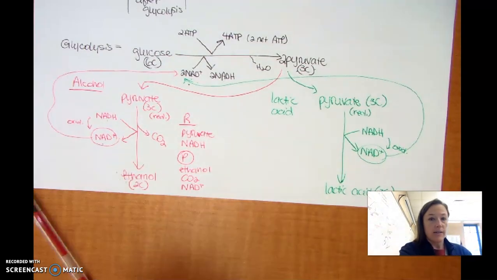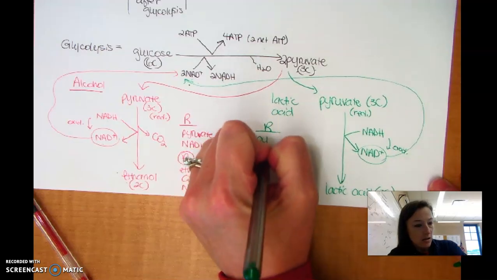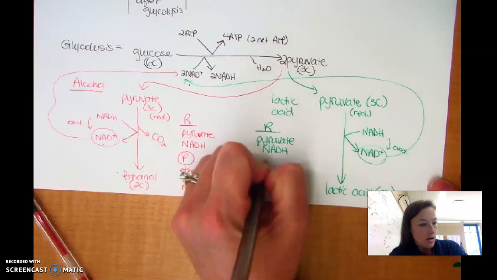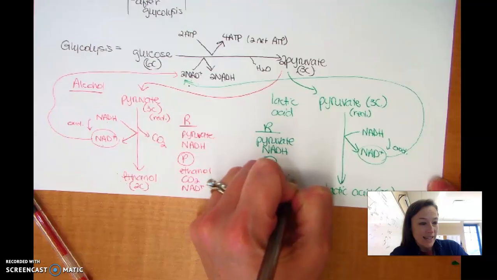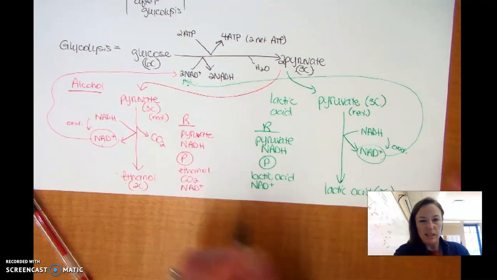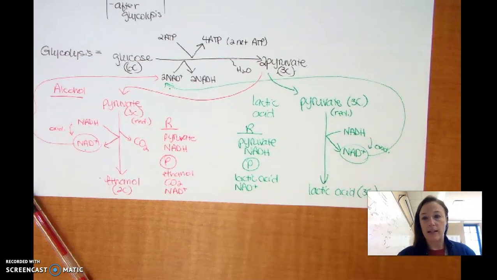Okay, on this side, your reactants are pyruvate and NADH, and your products are lactic acid, which sometimes you'll see called lactate. It's the same thing for our purposes. There is a slight chemical difference, but it's pretty much the same molecule, and NAD+.